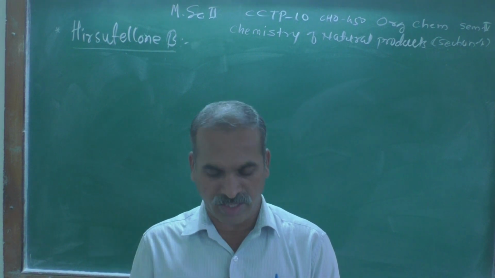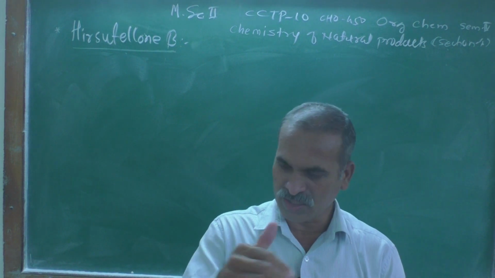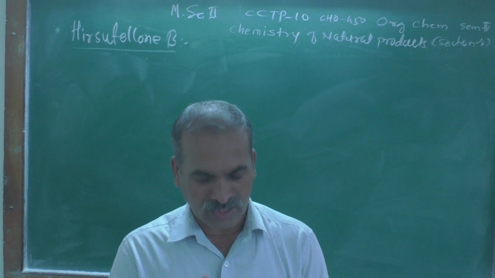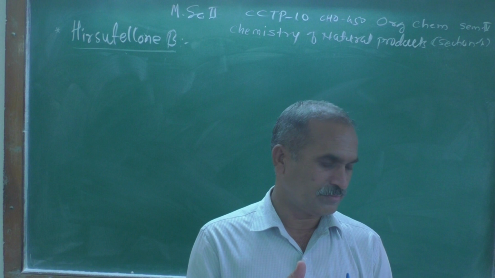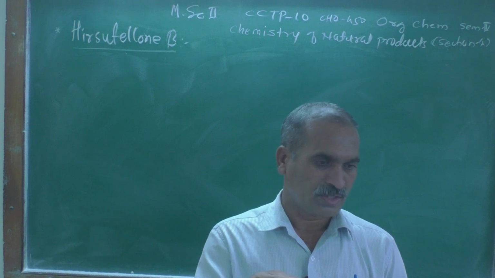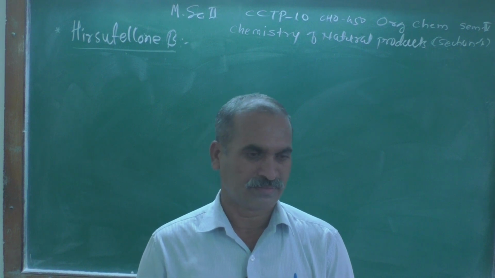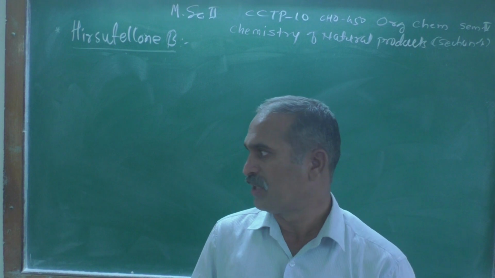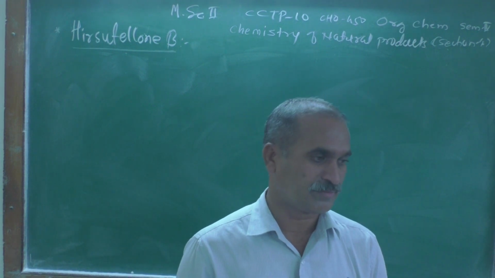Z olefinic iodide, you might know, there is a nomenclature system of E and Z, to avoid the complication of names. If you remember, geometrical isomer means what?